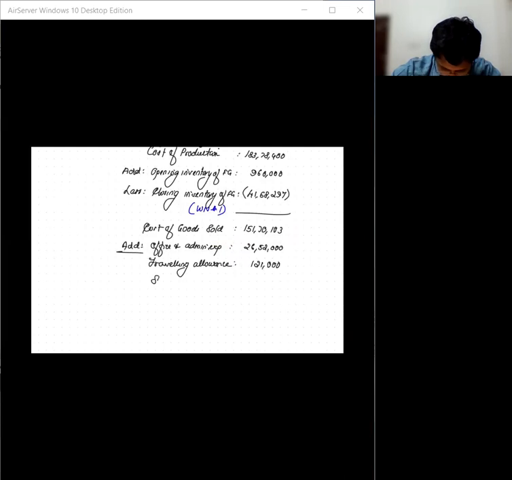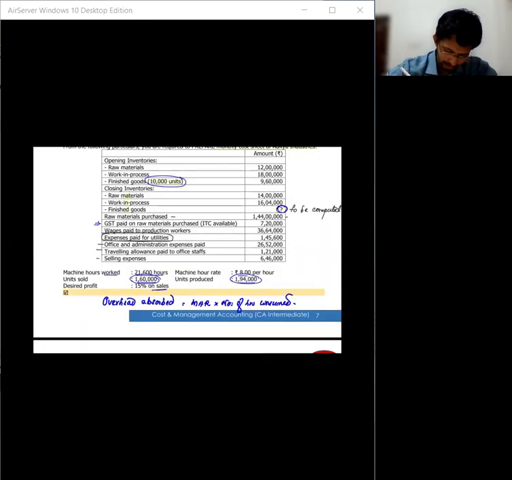Then selling expenses. What is the amount of selling expense? It is 6,46,000.